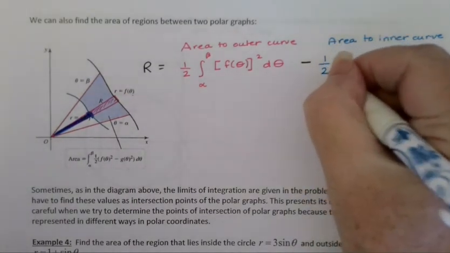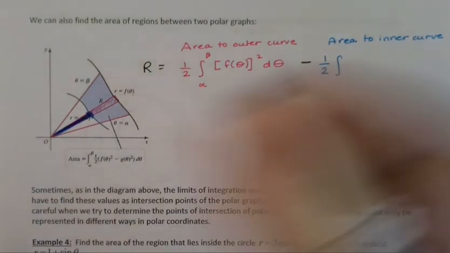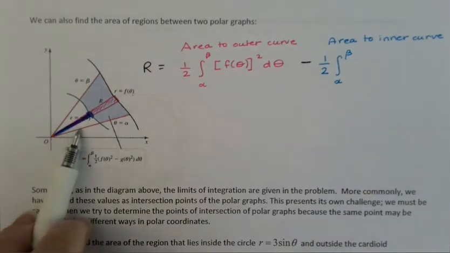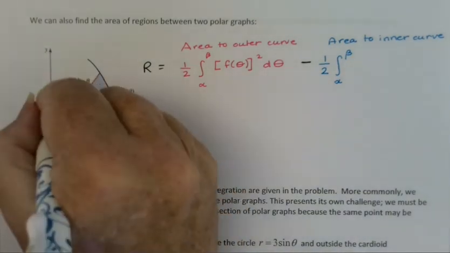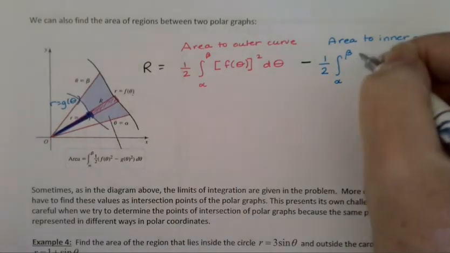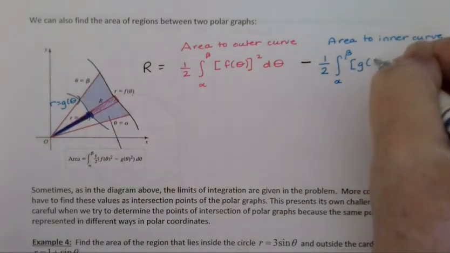That same area formula is going to be 1/2 integral from alpha to beta. In the picture, we had called this g of theta, right? This was r equals g of theta. So this time we'll have our g of theta, our inner curve, squared.